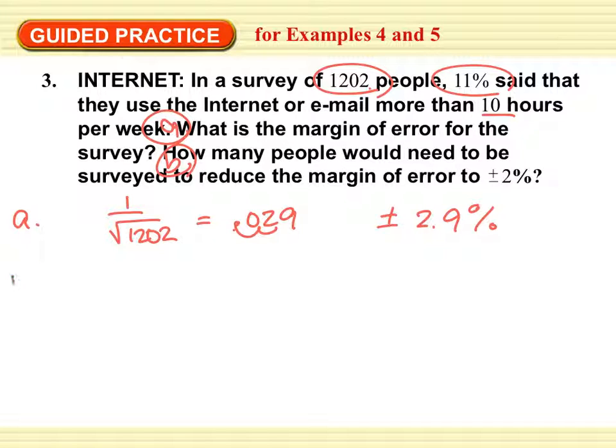Now, how many people need surveyed? That's going to be, I need a plus or minus 2%, 1 over the square root of n. I'm going to square both sides.